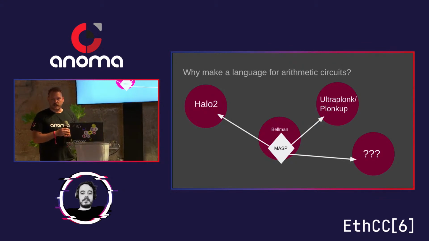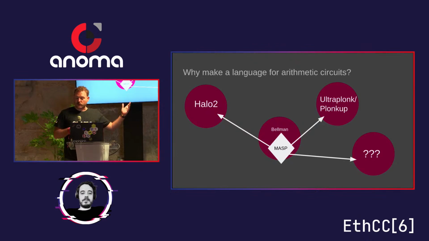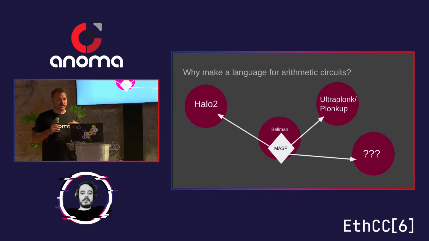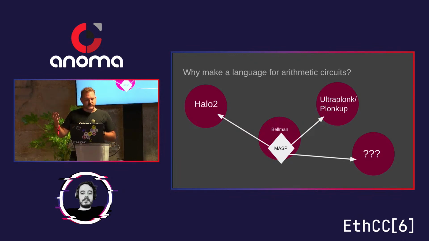We were interested in taking our MASP and adding something like recursion to it. So we were interested in looking at Halo 2. Can we use the MASP in Halo 2? We were also thinking about using Plonk without recursion, maybe to get some better efficiency. So we were wondering, can we write the MASP in Plonk or PlonkUp or UltraPlonk, which has lookups?